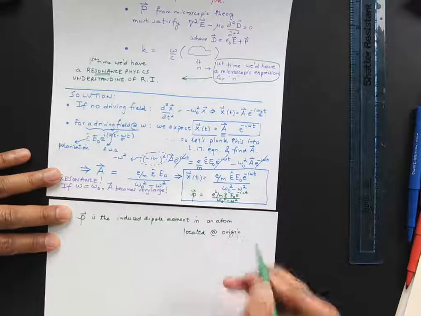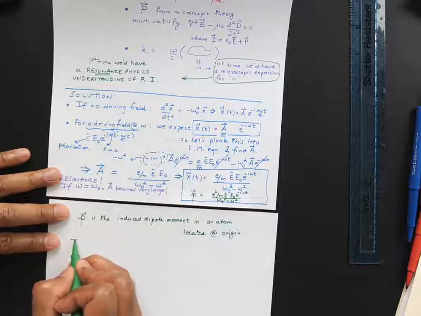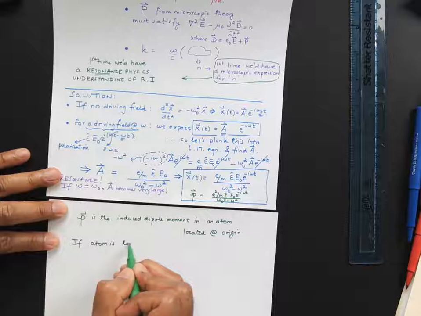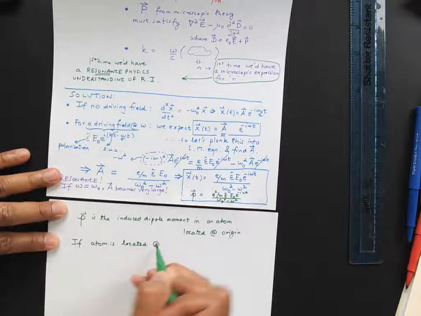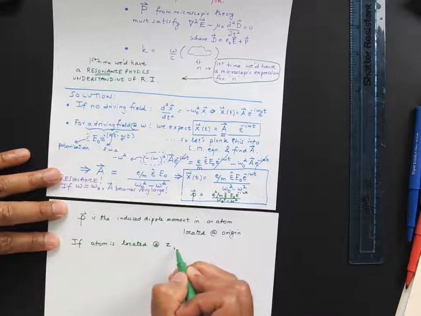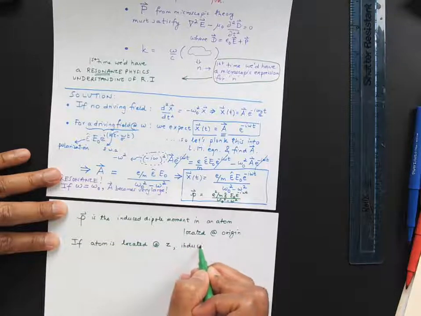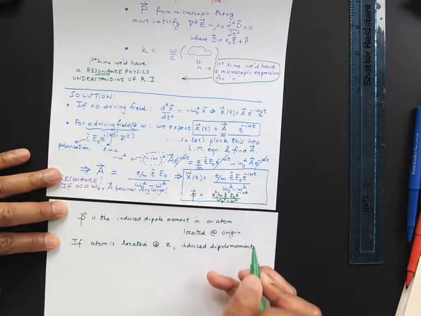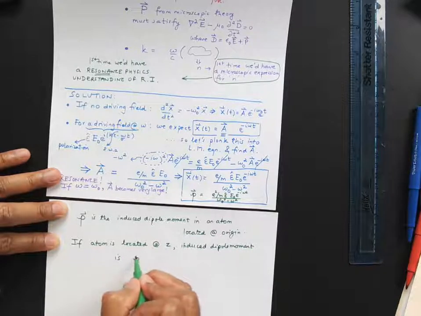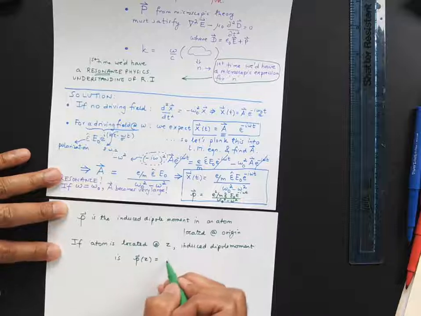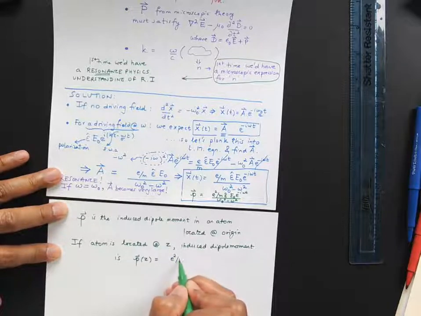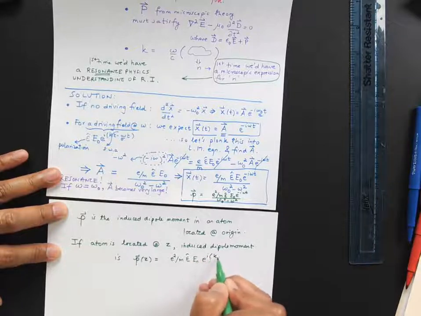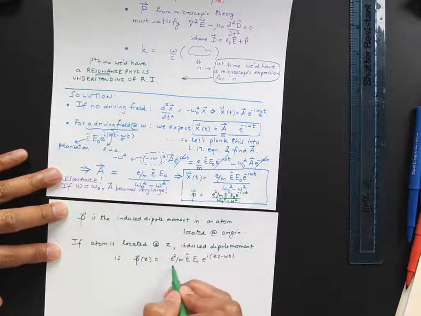Okay, if the atom is located at z, the induced dipole moment is p as a function of z, equal to e squared over m epsilon naught times e to the i(kz minus omega t), because that's what the driving field is there.